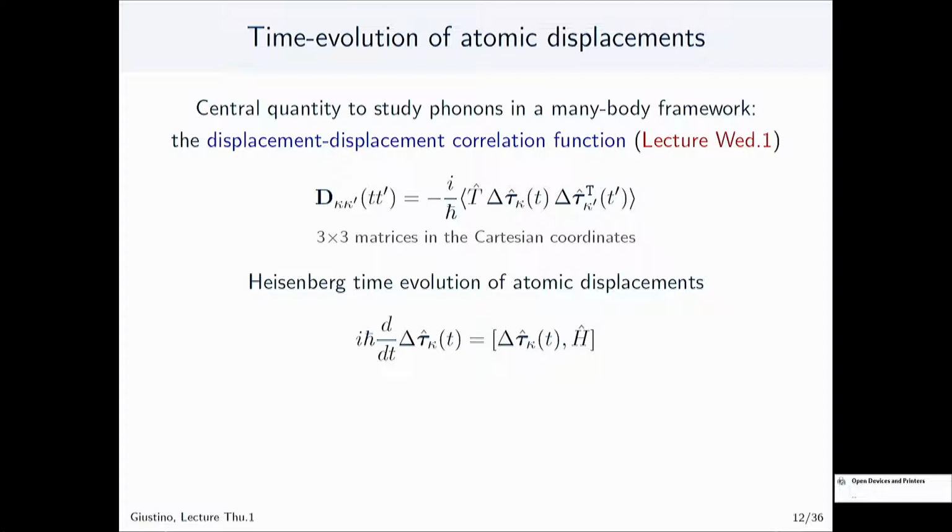Now this is interesting, but it's quite far from physical intuition, in the sense that when we discuss phonons, we are very used to discussing things like forces and acceleration. We really like to think of the dynamics of nuclei using Newton's equation, force equals mass times acceleration. The acceleration is a second-order derivative with respect to time, and this is a first-order derivative, so that's not really the same.